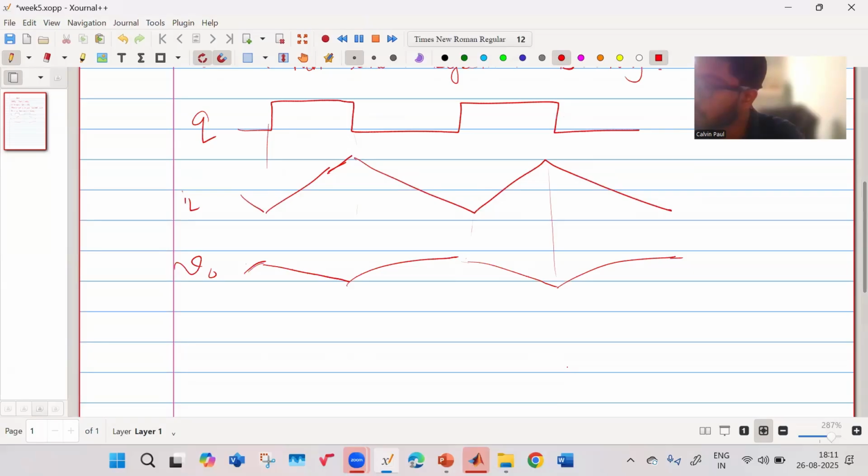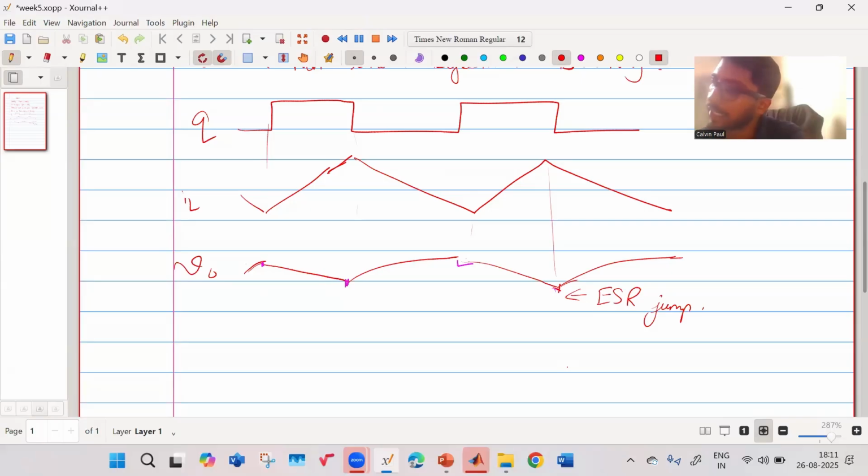This is your output voltage. It will not be smooth; there will be some jumps, which are due to the ESR jump.